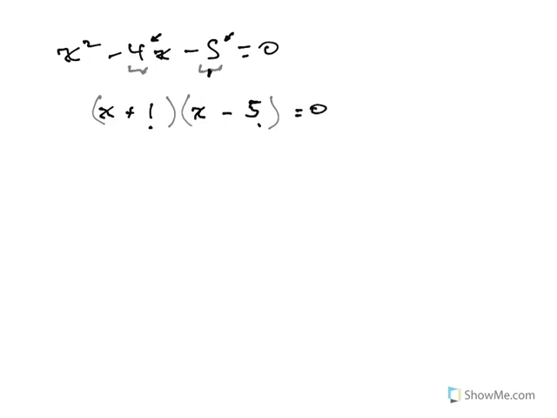And then we could test to see if this is true. We multiply these binomials together, you get x squared minus 5x plus 1x minus 5 equals 0, which is x squared minus 4x minus 5 equals 0, which is what we have here. So yes, this is the answer.